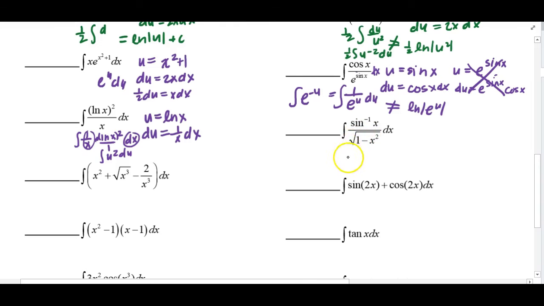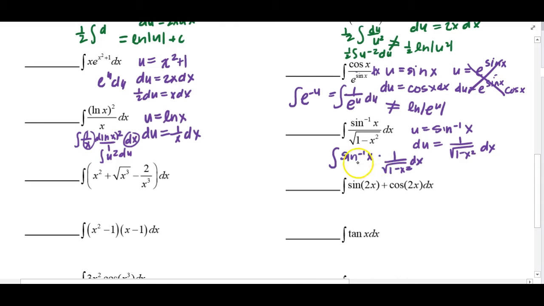So that ties into this next one. The u that we're going to choose breaks the mold of being on the inside or even on the bottom, because the u we're going to choose is sine inverse of x, because du is 1 over radical 1 minus x squared dx. And again, if you can't see that, we can rewrite it as a product, what we just did right over here.